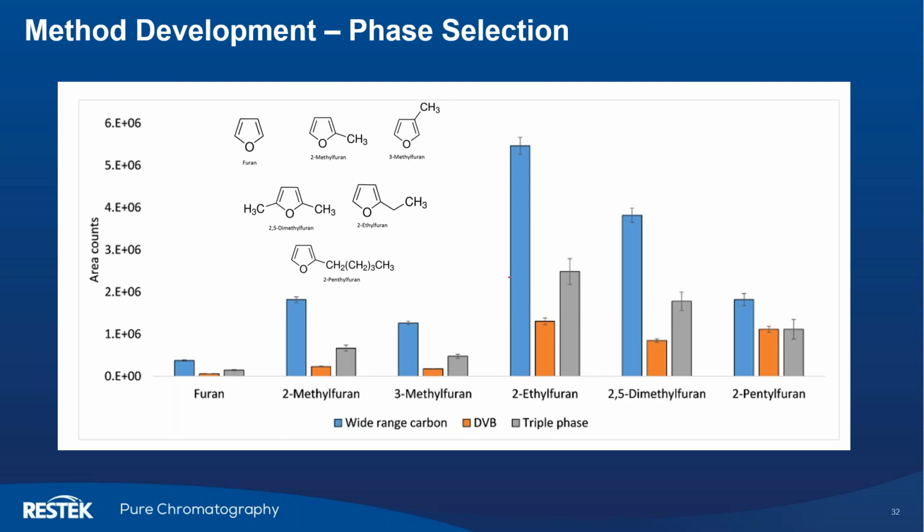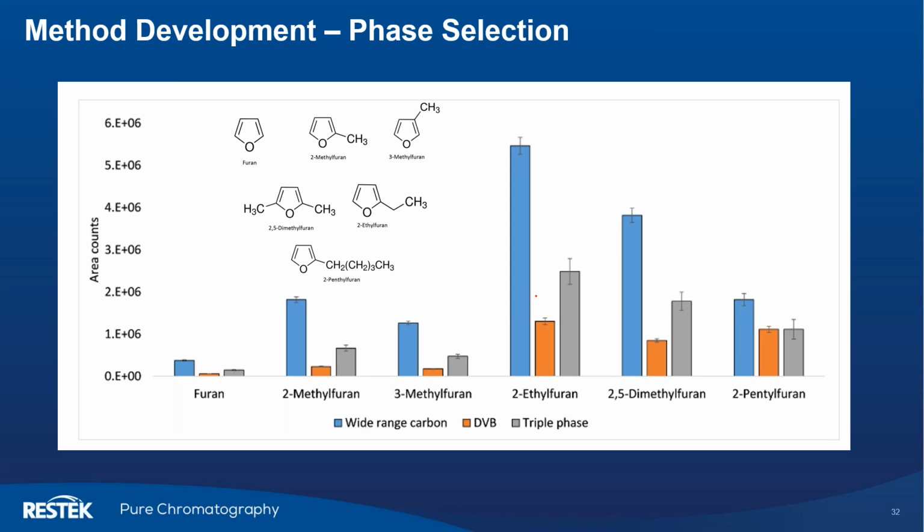So you can see for extremely volatile constituents, right, which the furan and alkylfurans are, having this additional carbon load helps capture those analytes and improve our sensitivity for these analytes of interest.